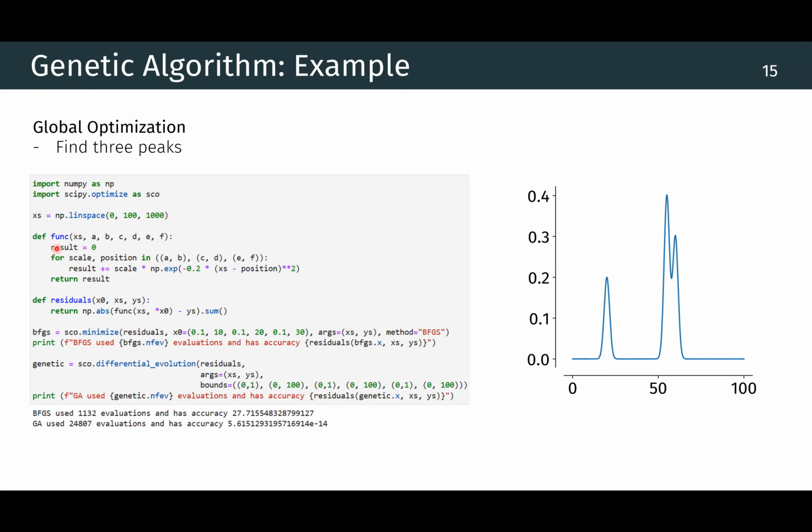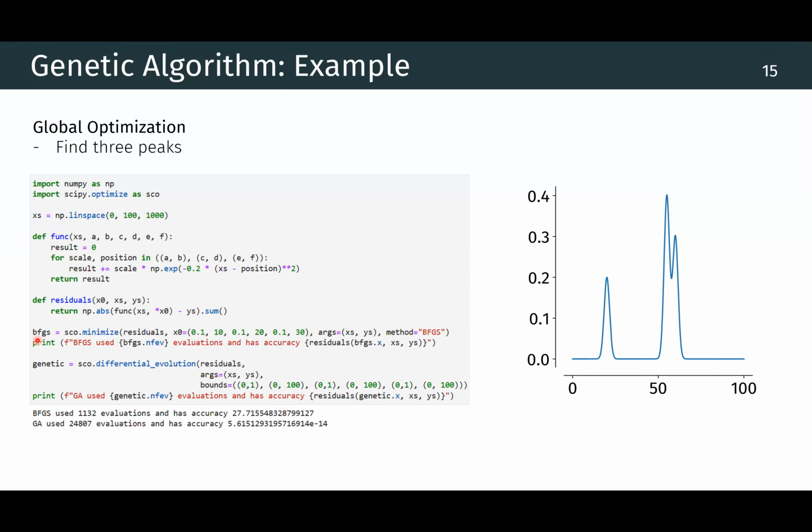If we call the function, that then is going to calculate exactly this thing for these parameters A to F. And then we can get our residuals, which require calculating the difference to the true values, so to the y-axis values that we have here.